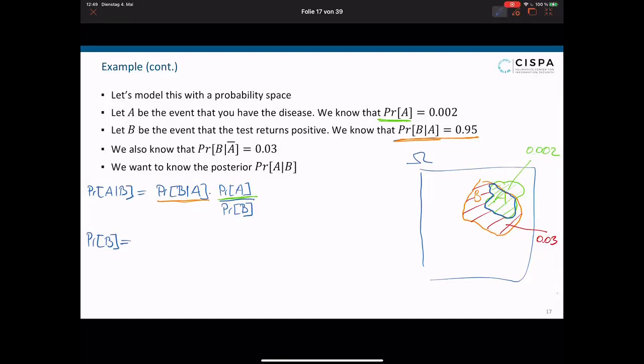So we can write probability of B as probability of B conditioned on A, that's something we know, times probability of A, again, something we know, plus probability of B conditioned on not A, again, something we know, times probability of not A, right? Either the event A or not A must happen.